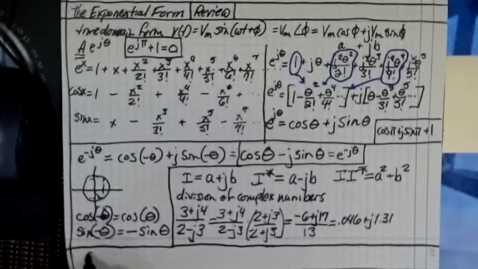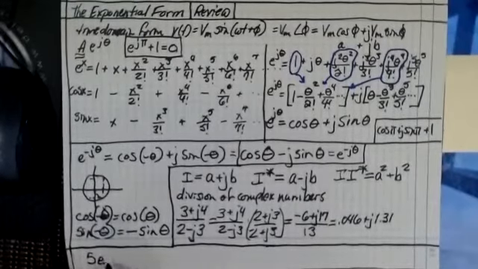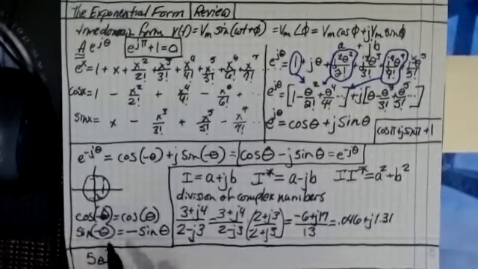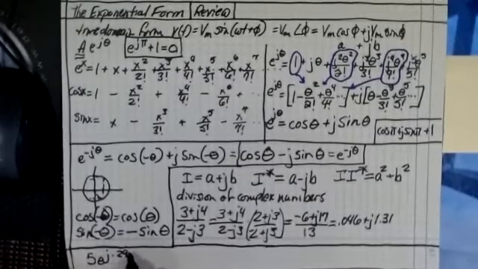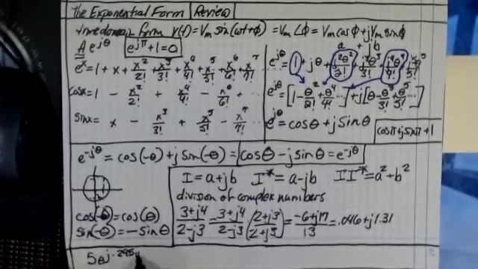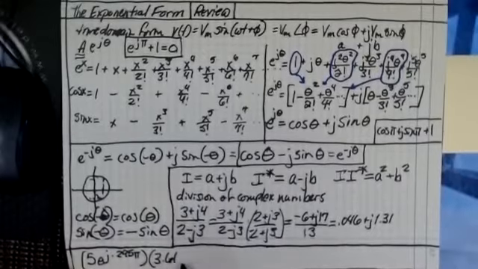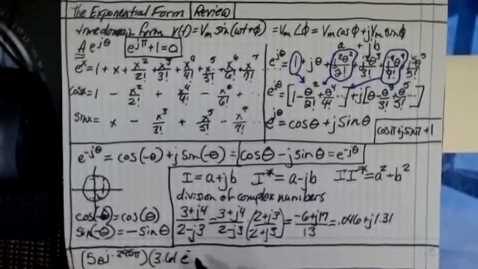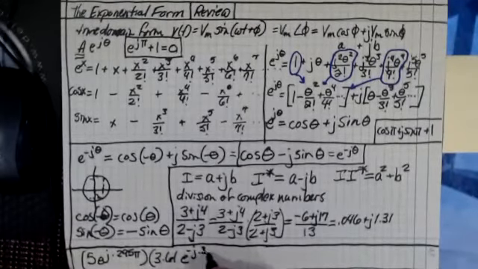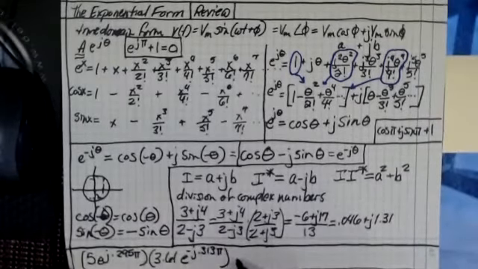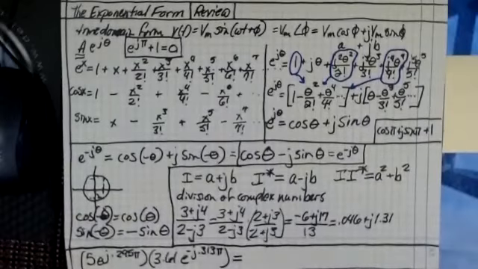Let's say that I had 5e to the j0.295 pi, and I was multiplying that by 3.61e to the minus j0.313 pi. What would I get? And I think everybody can see.